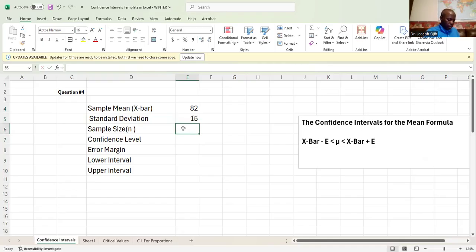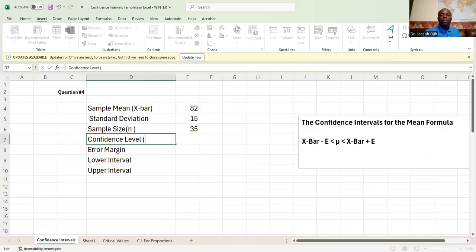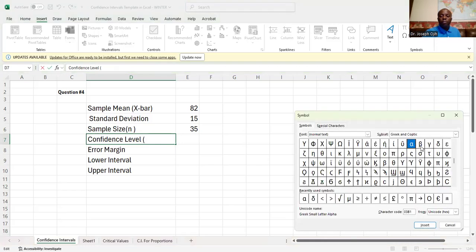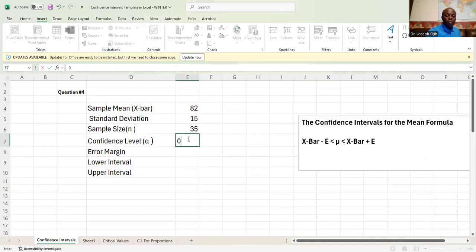Sample size is 35 fifth graders. The confidence level is 95%, which means that your alpha will be 5%, which is 0.05.